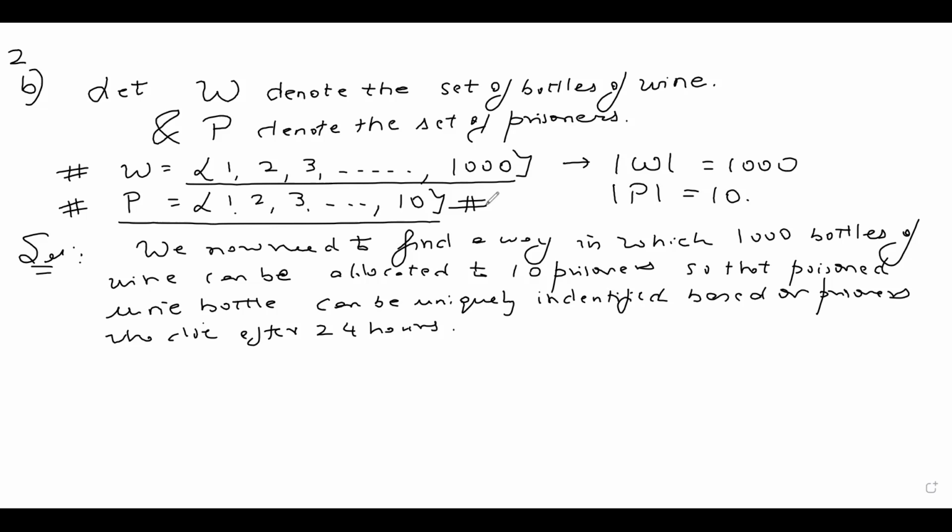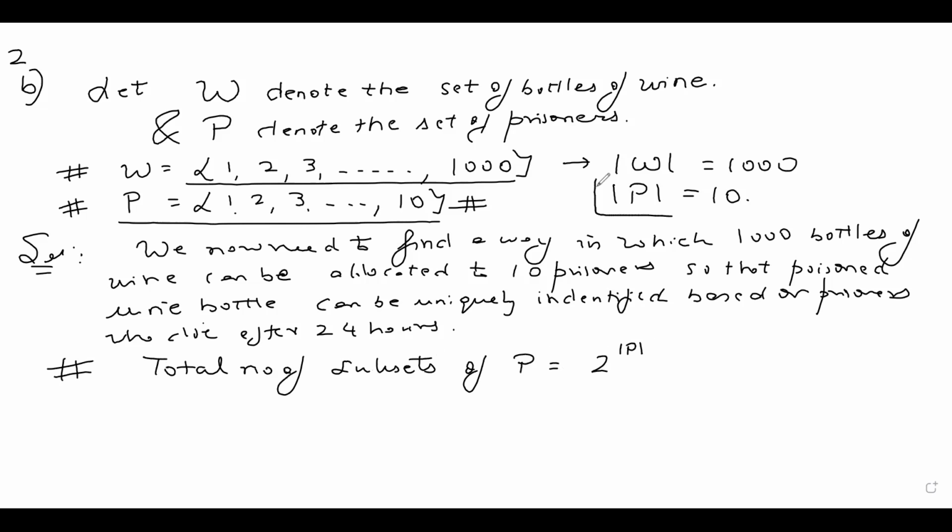So what is the number of subsets of P? Total number of subsets of P is nothing but 2 to the power the cardinality of P. That means how many elements are there in the set P? 10 elements are there. I can also call this the power set.